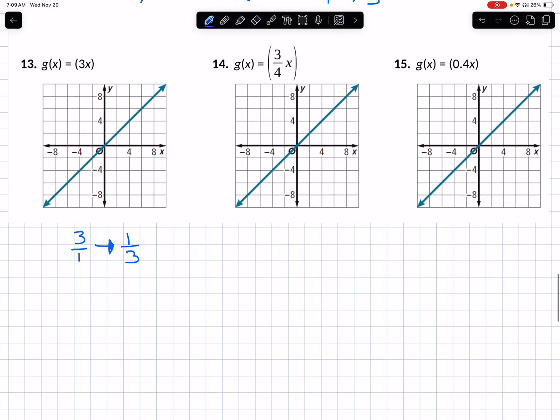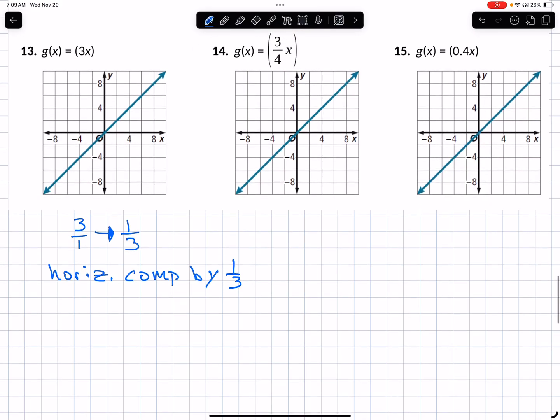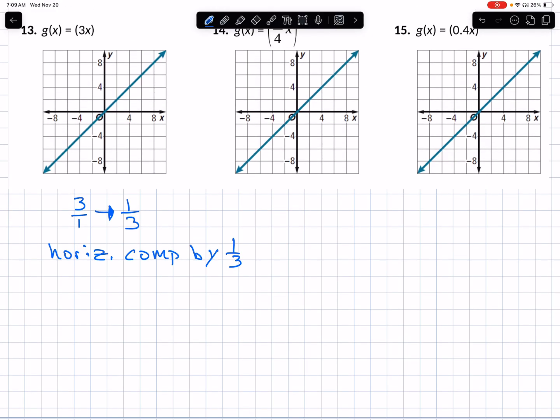Right? So this graph right here, number 13, is going to be a horizontal compression by 1/3 units. Okay.